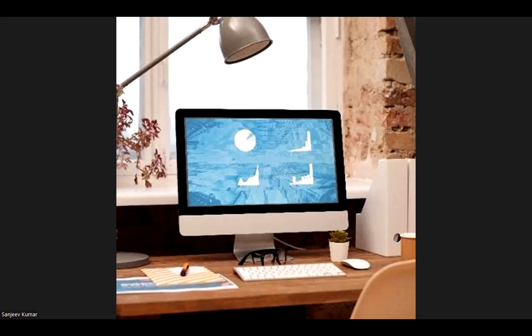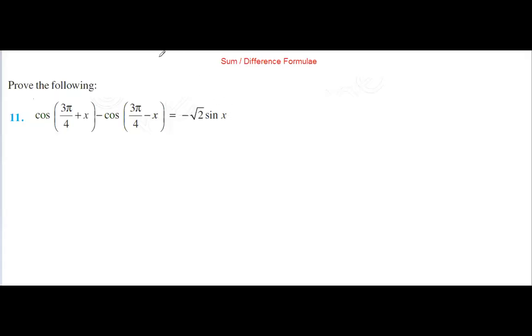I am sharing the one now. So this is the problem. Similar problem as we have done earlier also.